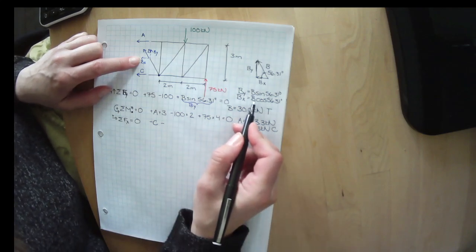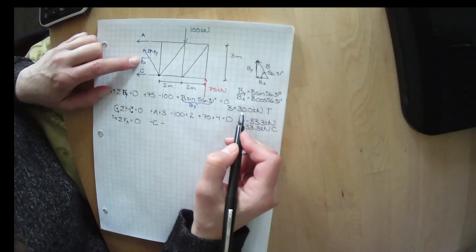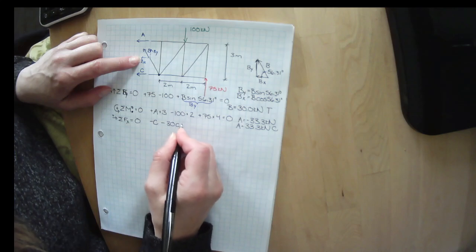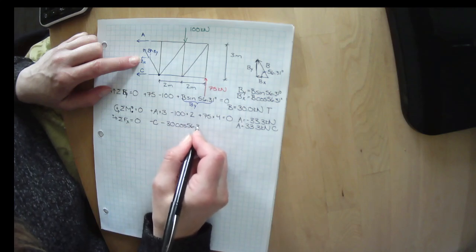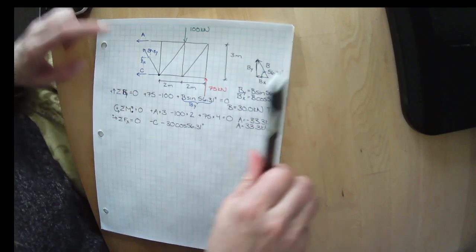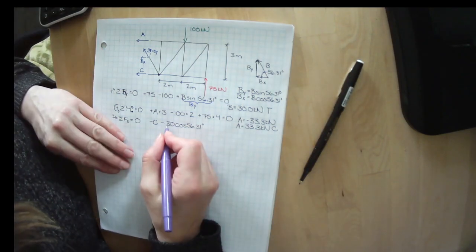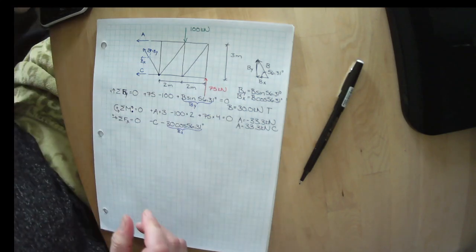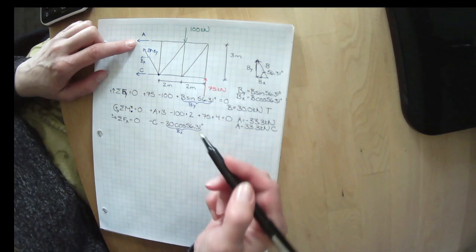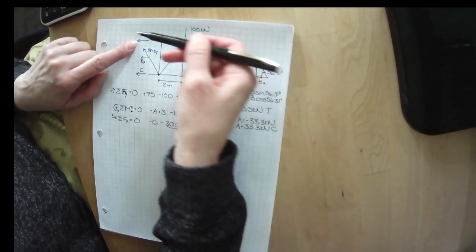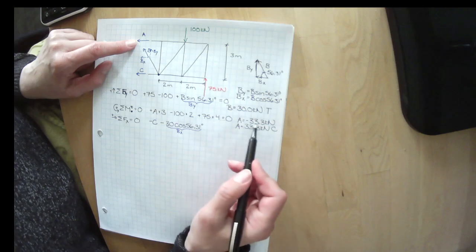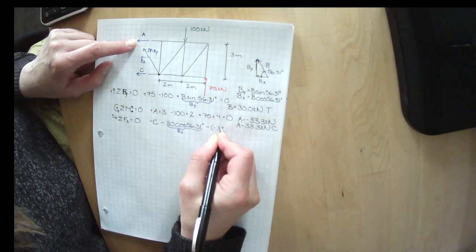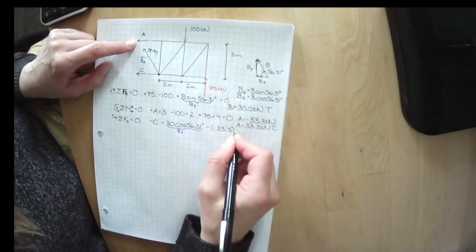Well, Bx is B cosine 56.3, and I know that B is 30, so it's minus 30 times the cosine of 56.31 degrees. So this was just Bx. And I've got minus A. Minus A I've drawn in that direction, but I calculated a negative number. So I've got minus 33.3.